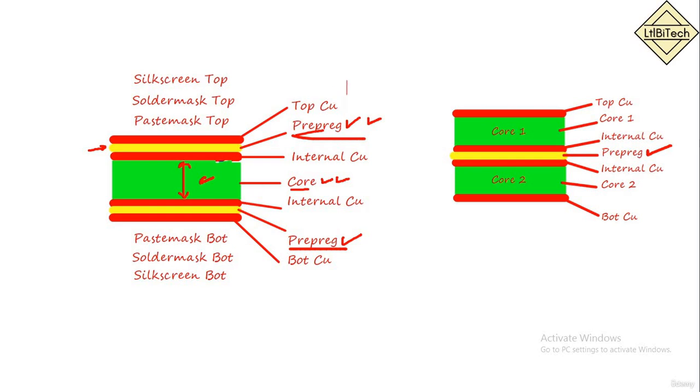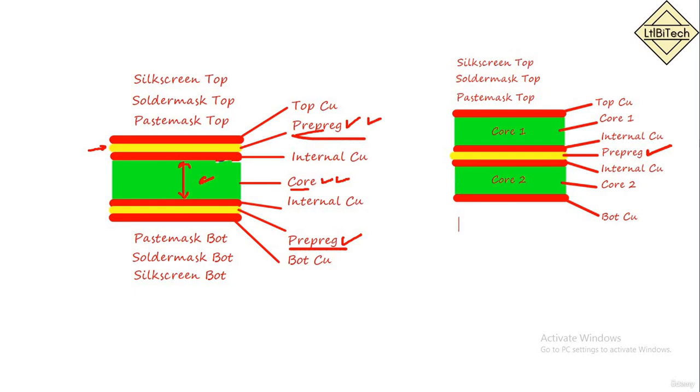Apart from that, if you come to the other layers, yes, we do have the same layers: the paste mask on top and paste mask on the bottom, solder mask on top and solder mask on the bottom too, and then silk screen top as well as silk screen bottom.